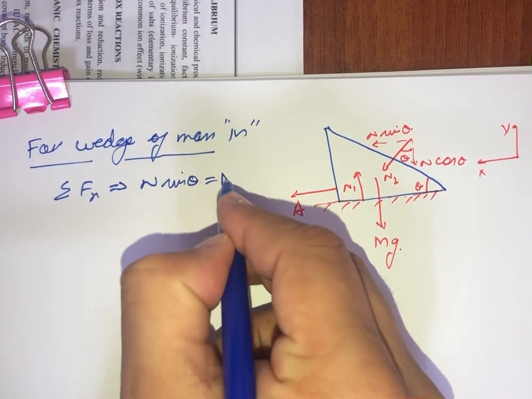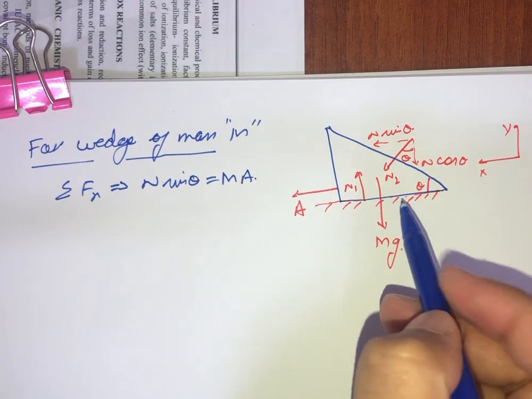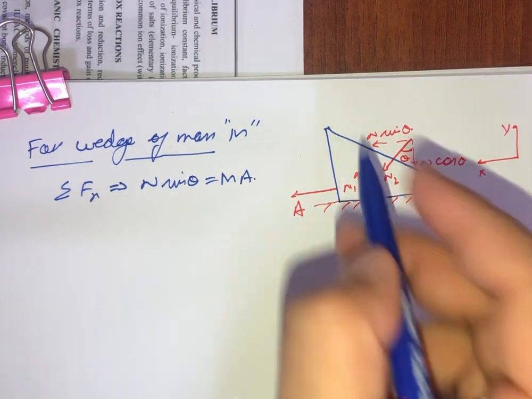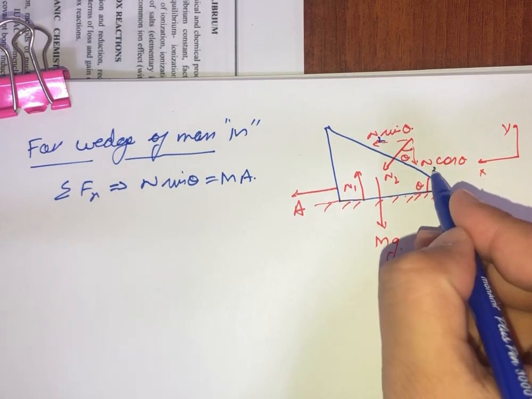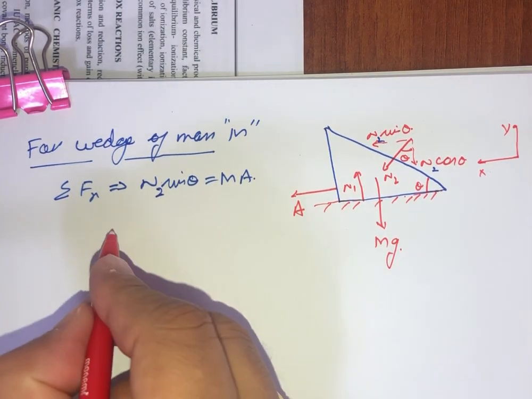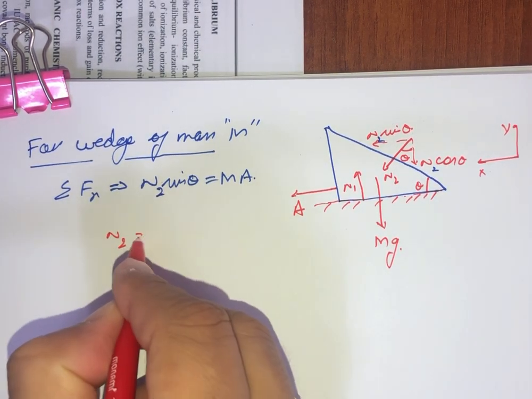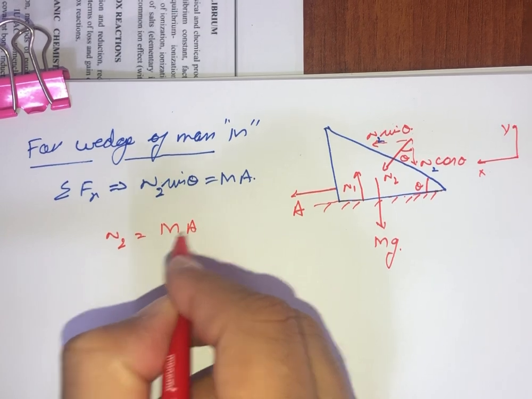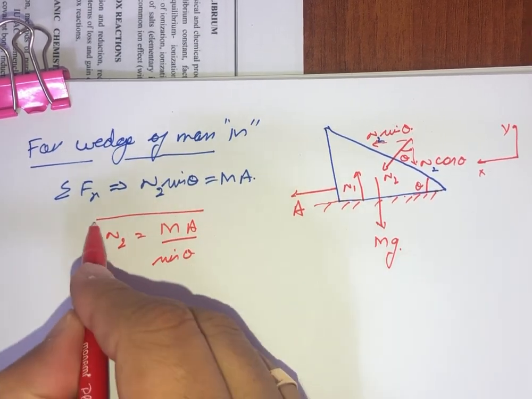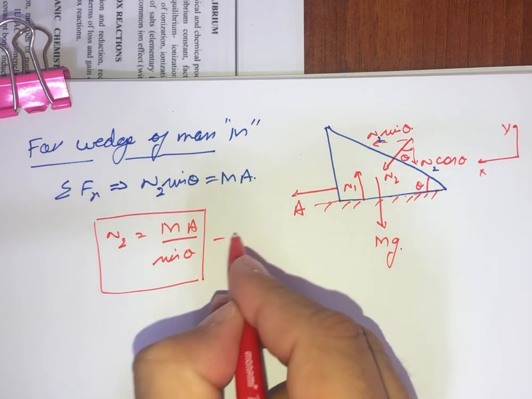Sorry, this is N2. So from here we can find our N2: N2 will be equal to Ma divided by sine of theta. Let us call this equation number 1.